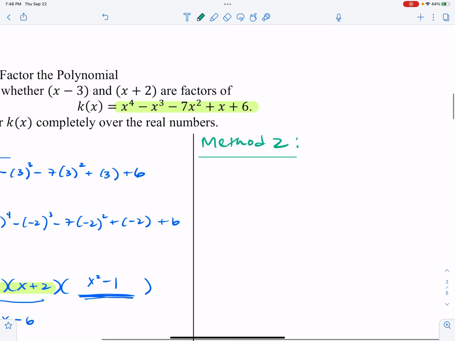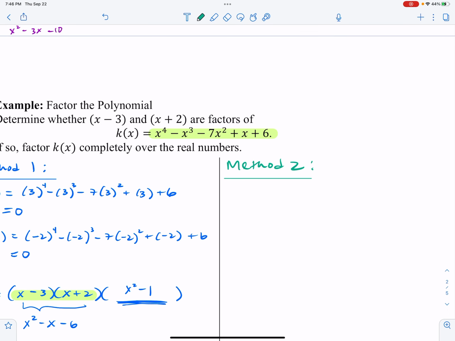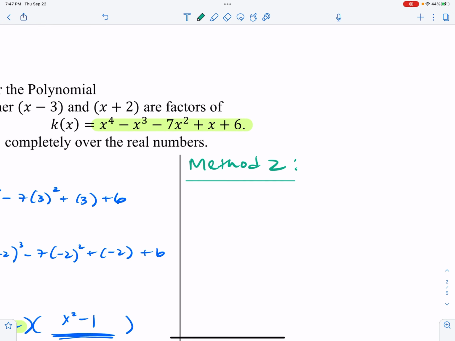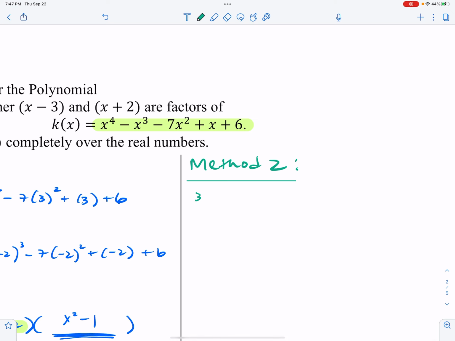By the remainder theorem, factor theorem, if x minus 3 is a factor, or 3 is a zero of k, then it should divide evenly into k of x. So I'm just going to go straight to using synthetic division. So put the 3 and then all of the coefficients.